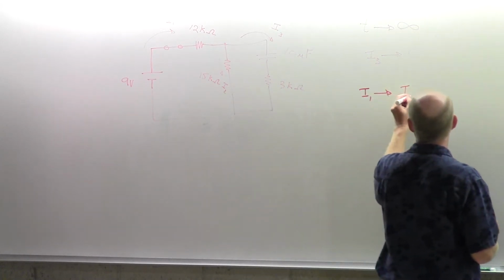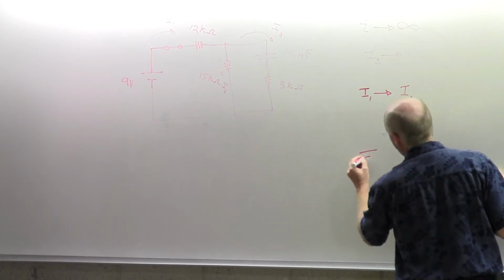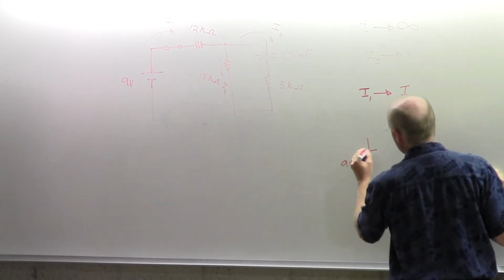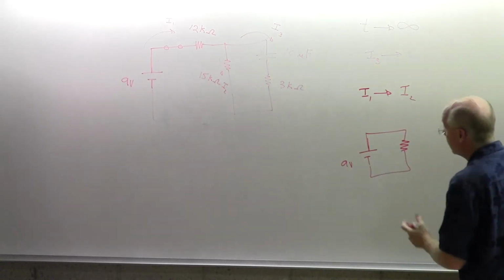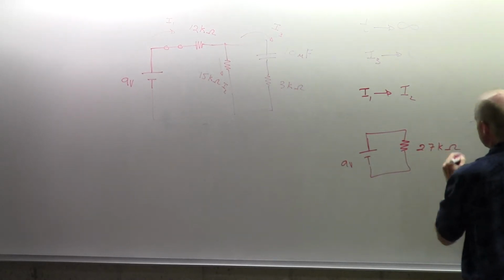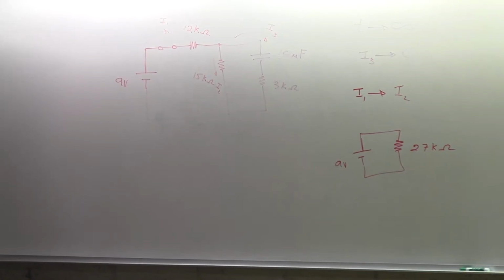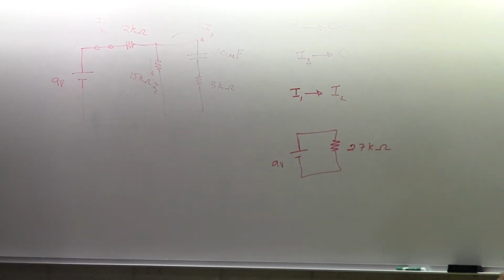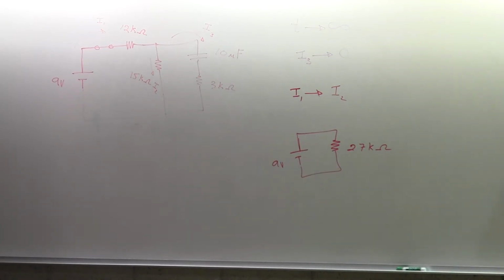So current number 1 approaches current number 2. And I can even find that by writing down the equivalent resistance. This is 9 volts, and then this is the equivalent of 2 in series. A 15 and a 12 makes a 27 kilo ohm resistor in series. And so that's what I would say this circuit looks like after the switch is closed for a long period of time. There is no current in that far right branch, and there is an equivalent resistance of the 12 and the 15.